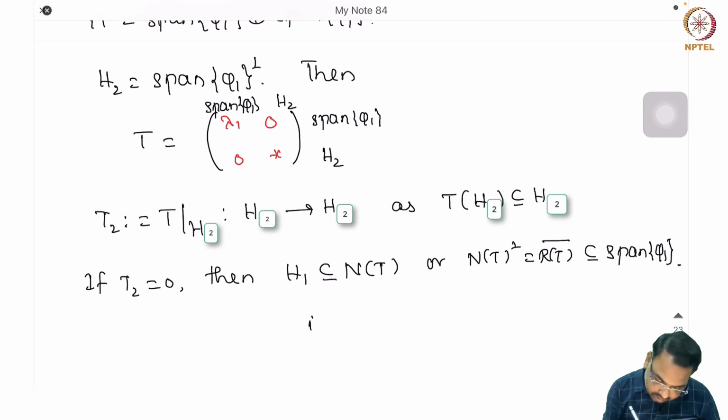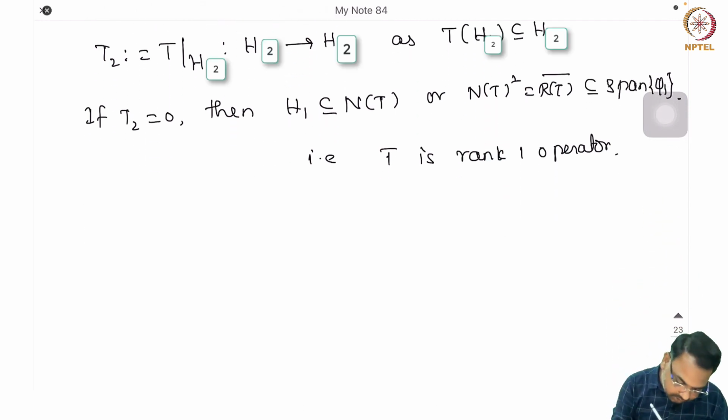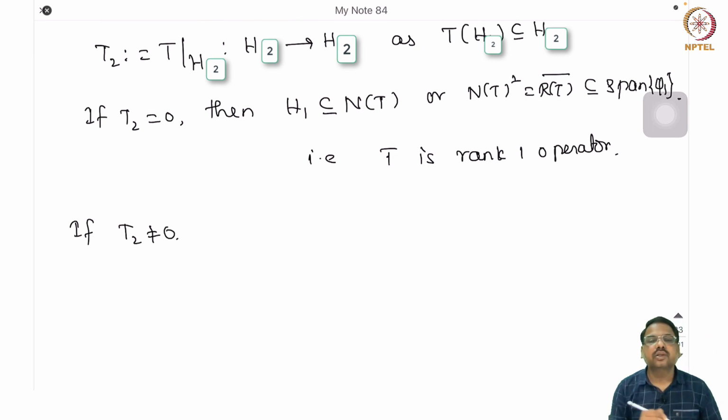That means T is a rank 1 operator. Now if T2 is non-zero, then we continue the procedure.